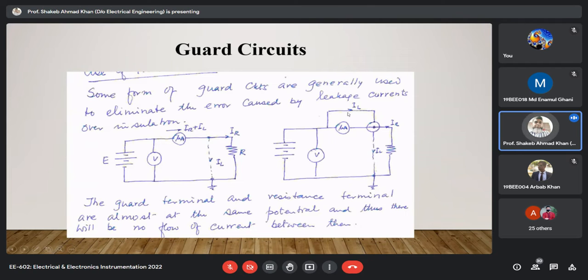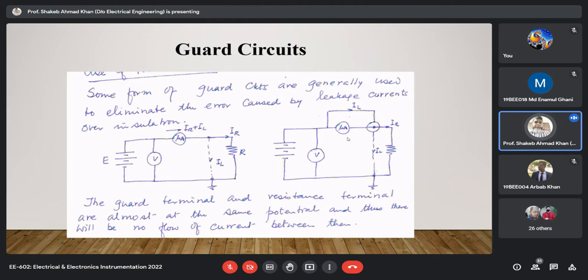Where the guard circuit is used, it surrounds the terminal of the resistance and is grounded, so we are providing an alternate path for the flow of leakage current. Instead it should pass through that and go to the ground, and it should not pass through your ammeter, the current measurement device. So this is the concept of the guard circuit. How it is implemented, we'll see.